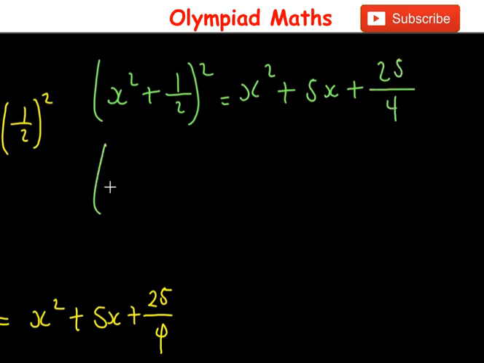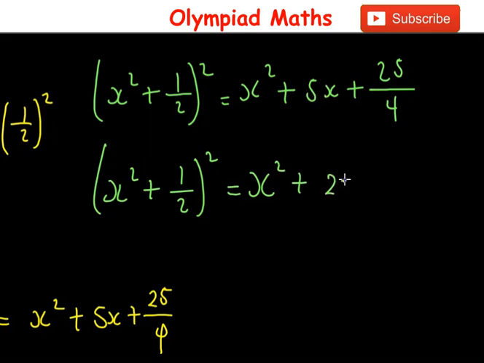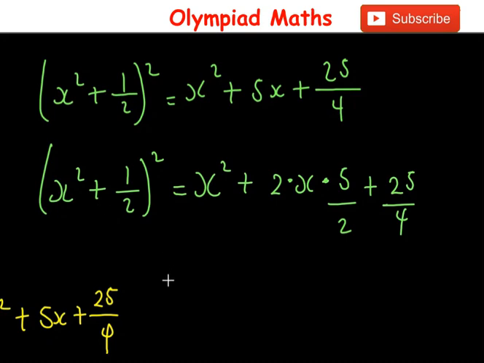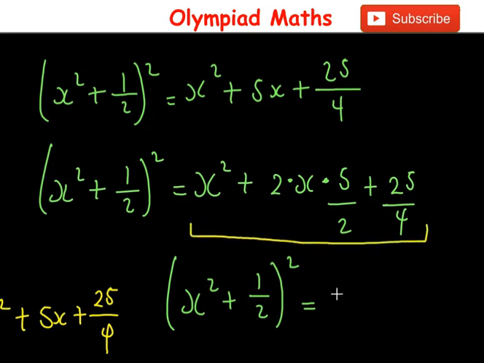From here, we have (x squared plus 1 over 2) all squared equals x squared plus, we can write down 5x as 2 times x times 5 over 2, then plus 25 over 4. From here, we can write all of this as (x plus 5 over 2) all squared.